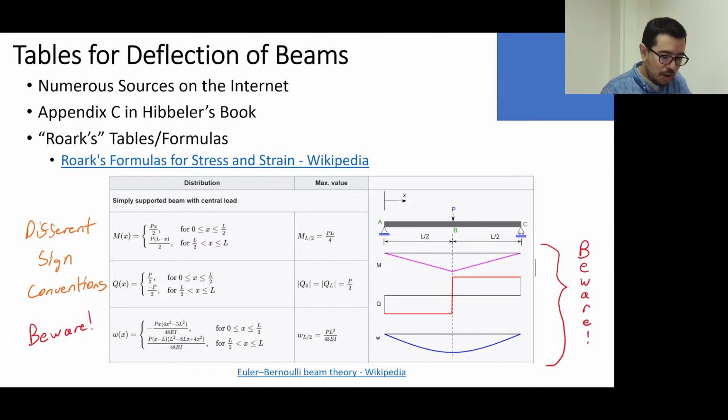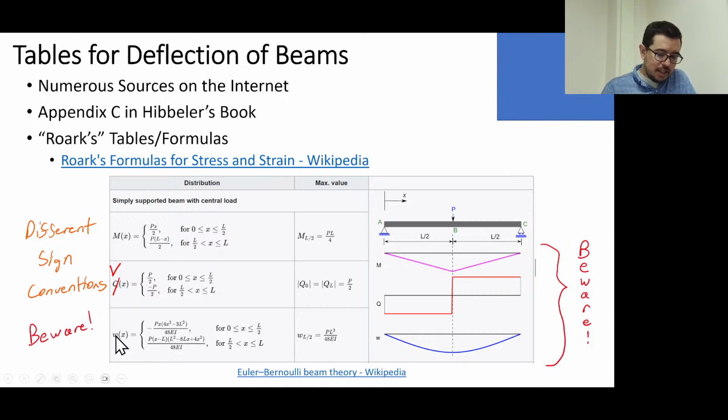First, M stands for moment, so that's okay. In this case, the Q they're referring to is actually what we call big V. So that's the shear force diagram, and that kind of makes sense. They even put the moment diagram above the shear force diagram. Usually we put the shear force diagram on top. Whatever.